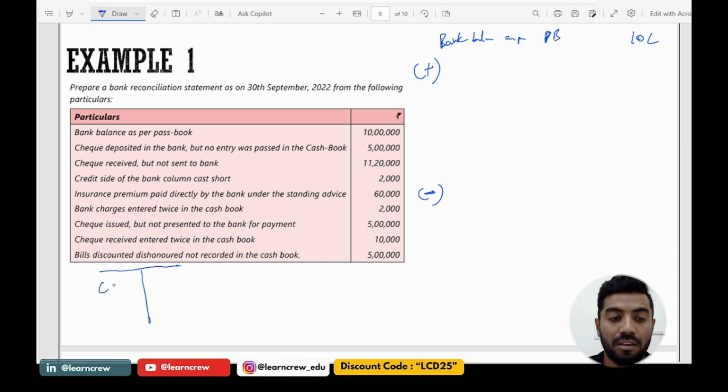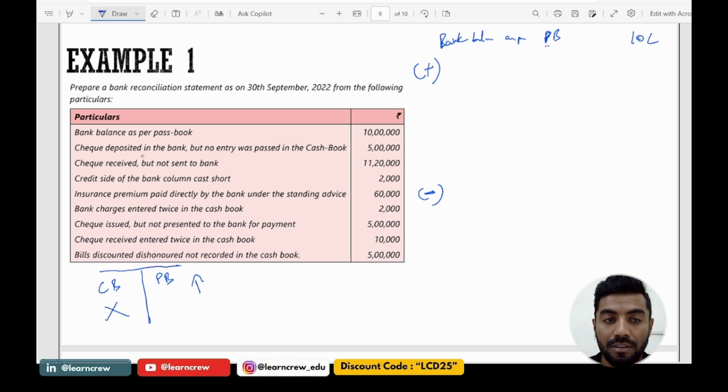Say this is the cash book and this is the passbook. When the check is deposited in the bank, the passbook balance will be high. So we have to make changes only in the passbook. Don't touch the cash book.